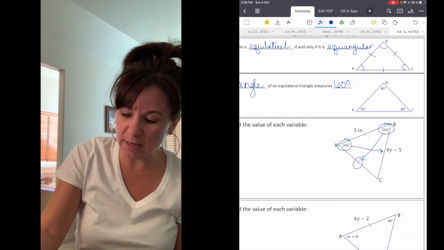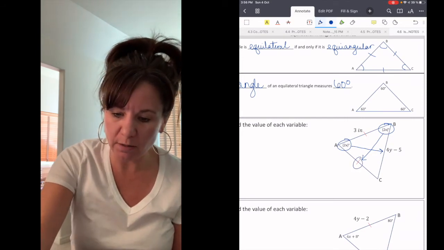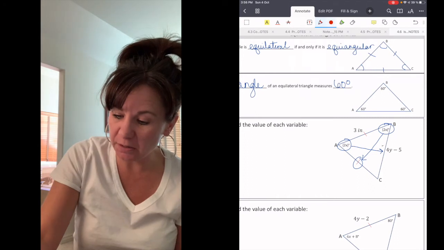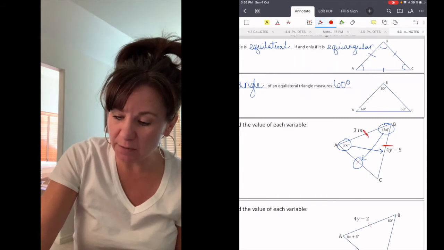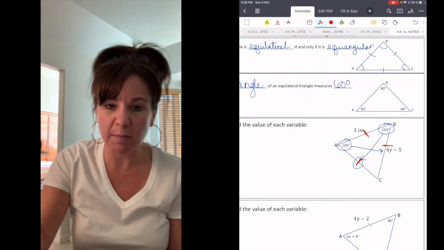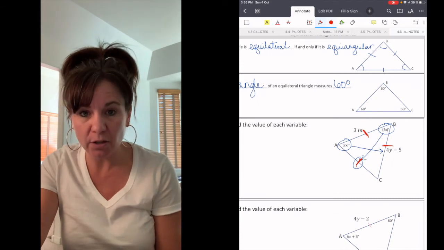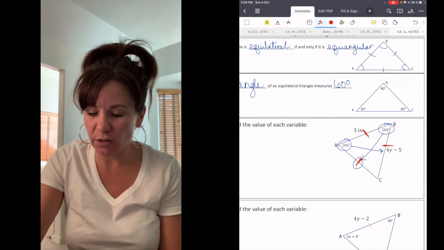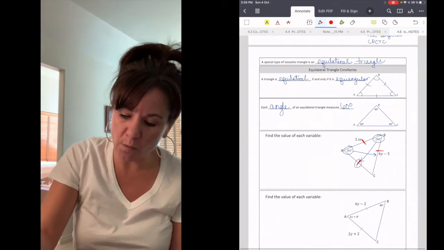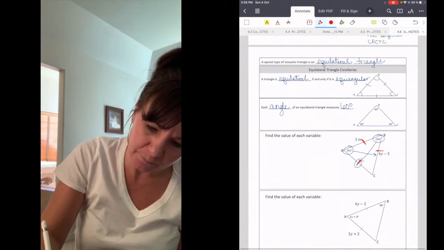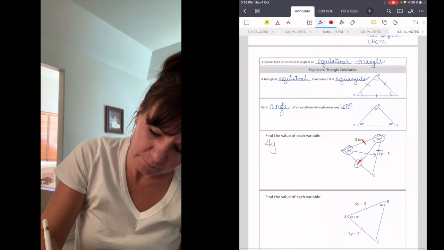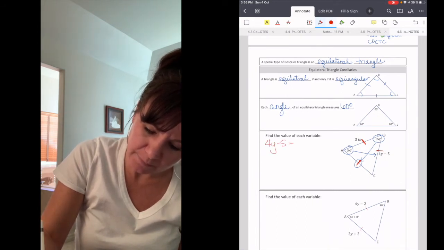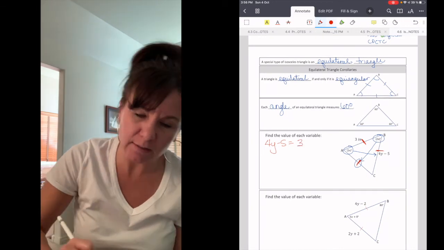This one has a marking of one red mark, so I'll put that on here too. And now I have 3 red marks, which means that this is an equilateral triangle. Well, if it's an equilateral triangle, all the sides are congruent, which means that 4y minus 5 has to equal 3, because I know that those sides are congruent.